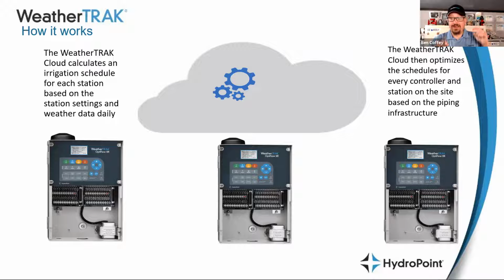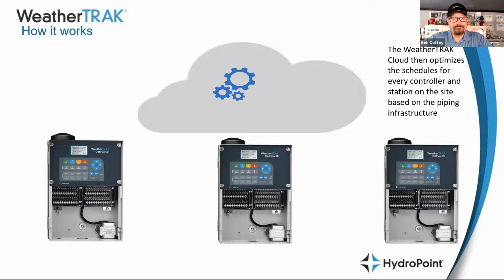More specifically, each station, the minute and second it should start and the minute and second it should stop, to keep that main line flowing as much water through the main as we can, keep the system running at its capacity, and as a result, minimize the amount of time that it takes to manage a large or complex site.